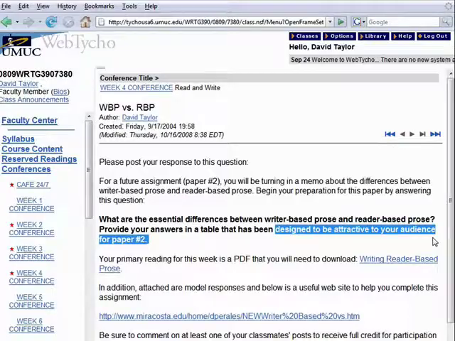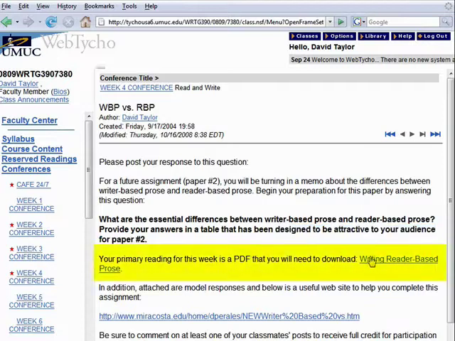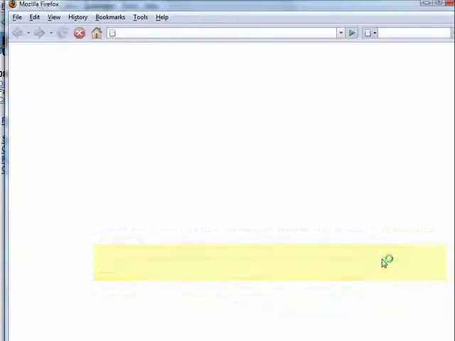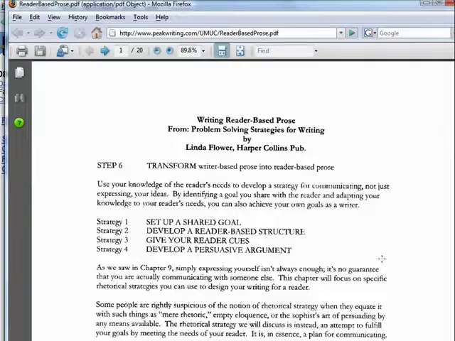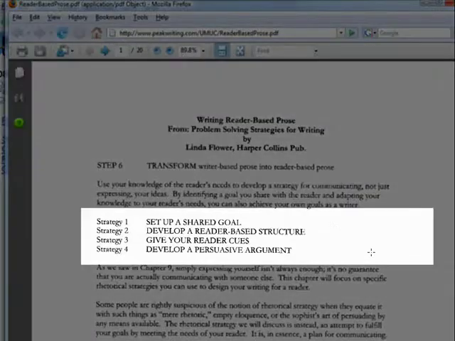Now, your primary reading for this week is a very long PDF by Linda Flowers entitled Writing Reader-Based Prose. I want you to look especially at strategies 1, 2, 3, and 4.